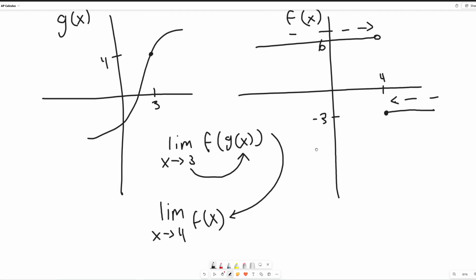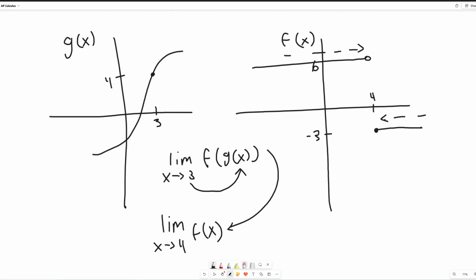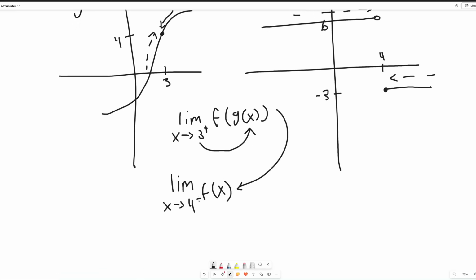So if you were given these two functions on an MCQ, and it asked you what the limit was as it approaches 3, it's going to be undefined. And that goes even if it says, what is the limit as it approaches 3 from the left or from the right? Because if you look at g, both sides are approaching the same point. So it doesn't matter, because once this gets plugged into here, that plus or minus goes away.